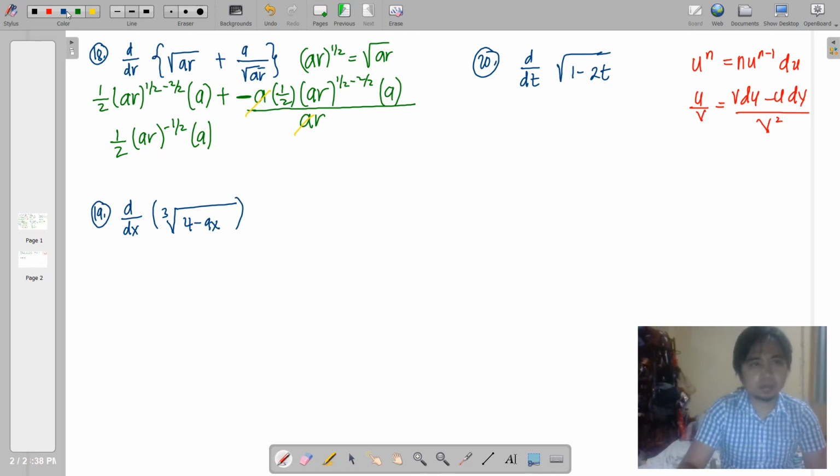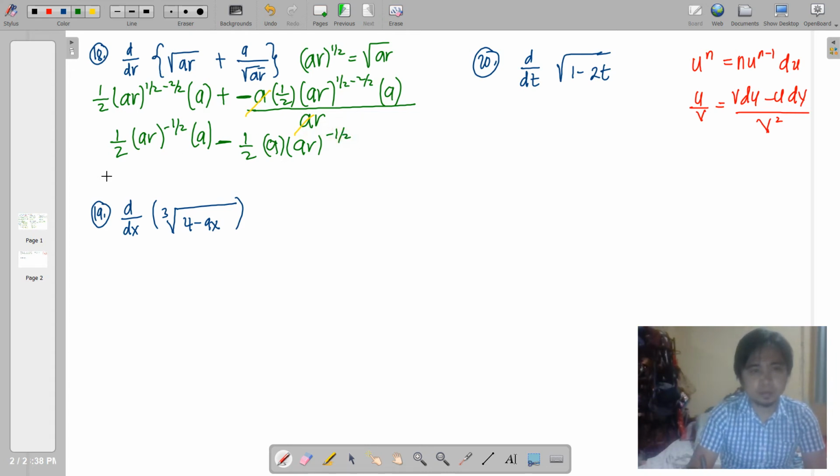Okay, what about the operation? Anyway, magme-maintain naman yung negative dyan. We have 1/2 A times AR raised to negative 1/2.